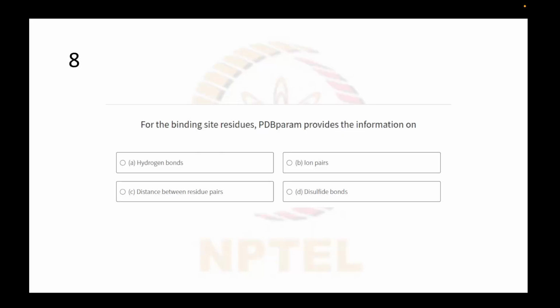For binding site residues, PDBparam provides information on distance between the residue pairs.